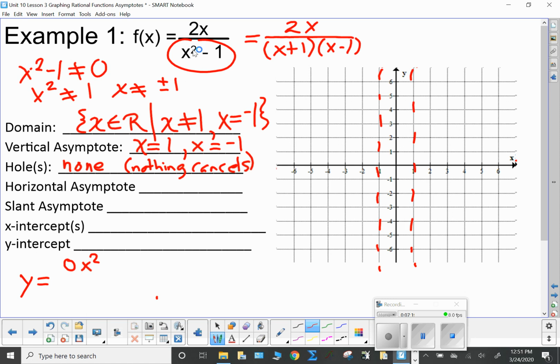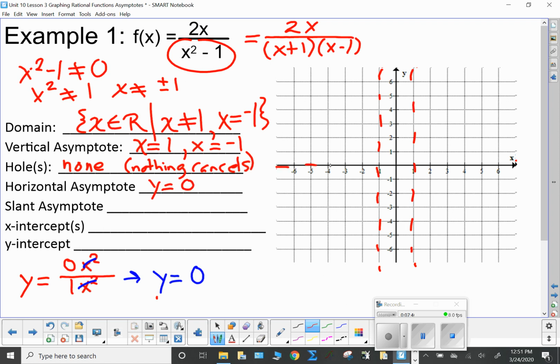The denominator is bigger, so I need to add 0 x squared in the numerator, and in the denominator, I have 1 x squared. Now I'm going to simplify this. The x squareds cancel, and this leaves me with y equals 0. 0 divided by 1 is 0. So my horizontal asymptote is y equals 0.